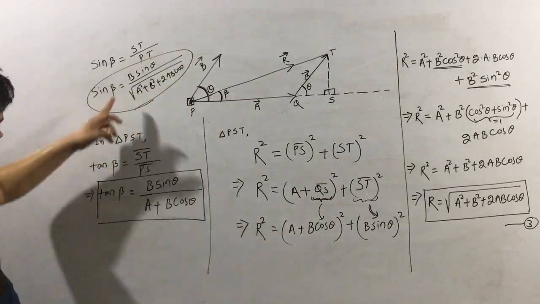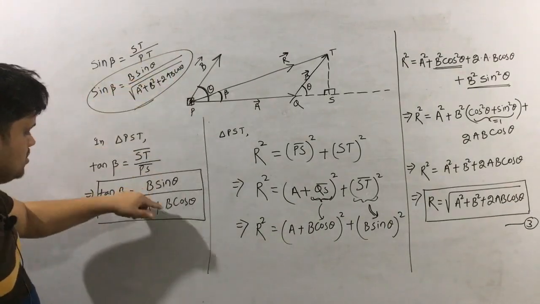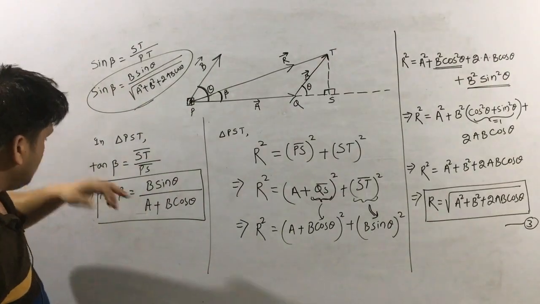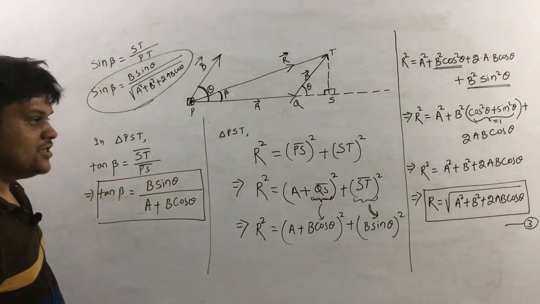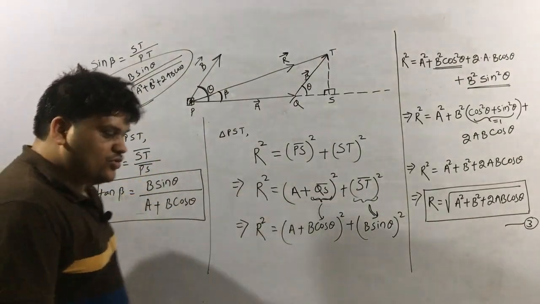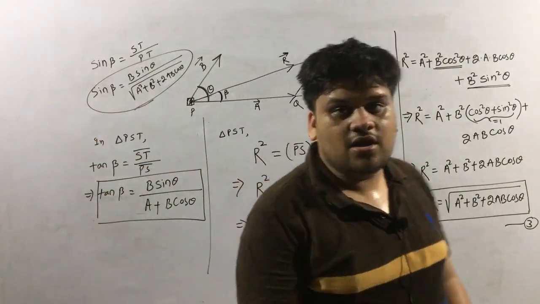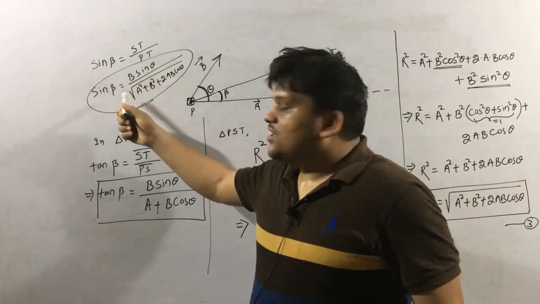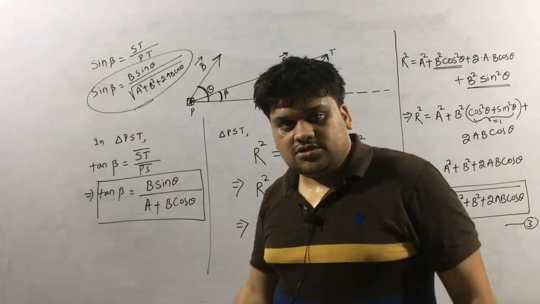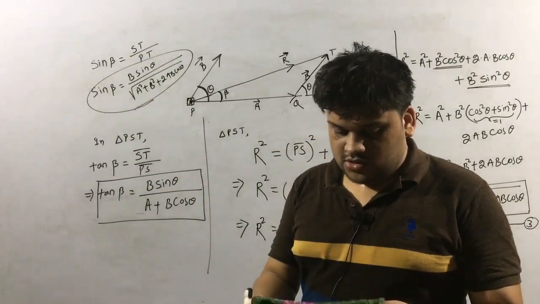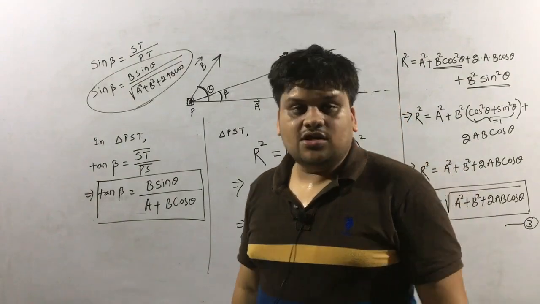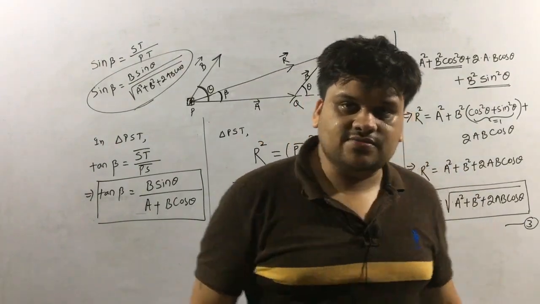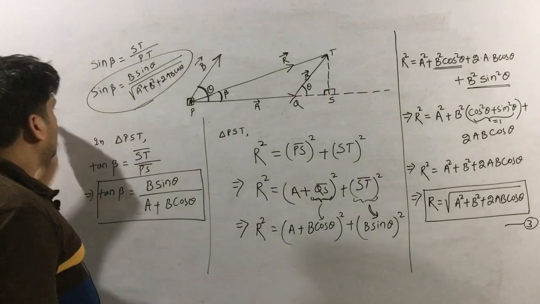Now we can see which formula is easier, this formula or this formula. Obviously to me this formula is easier, that is why we have done it. In many books, or in all the books, they have used this formula. They have not written it in terms of sin beta or cos beta. You can write it, this is also correct. But don't go for something extra which is not given in your book, especially for board exams or class exams.